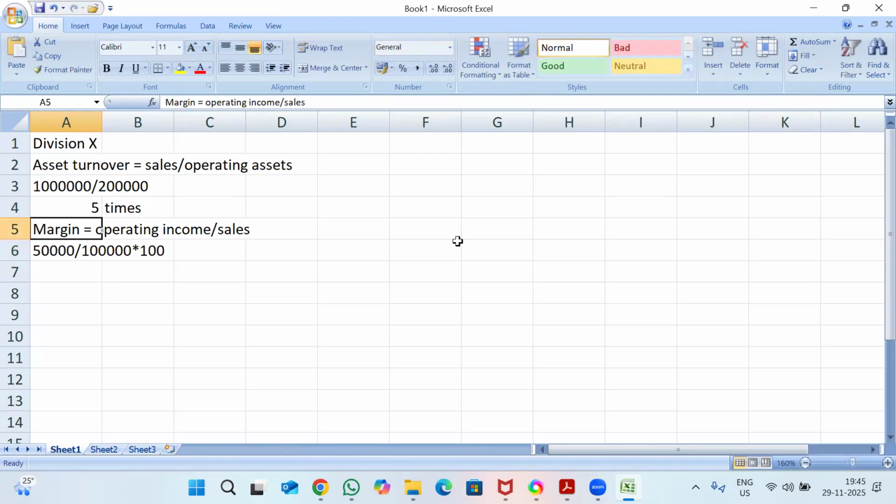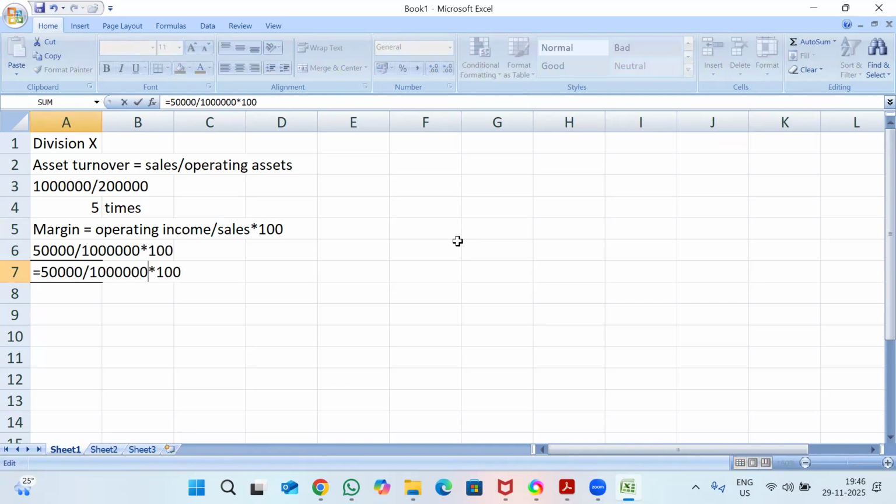Margin can be represented in percentage, so we use into 100. 50,000 divided by 10 lakhs, I will be getting 5 percentage.